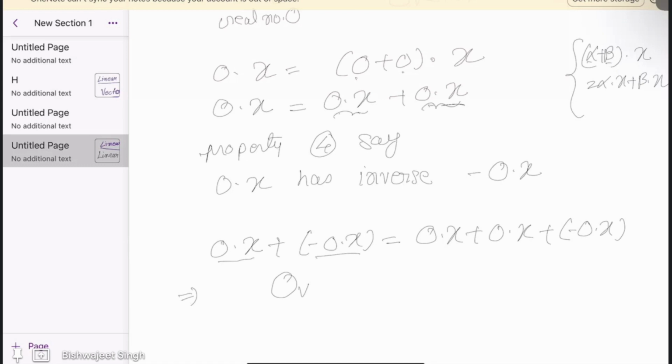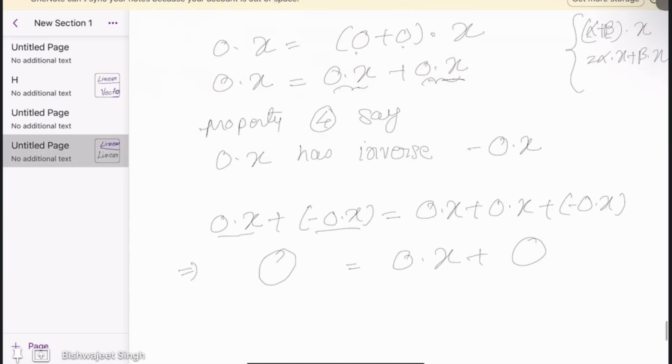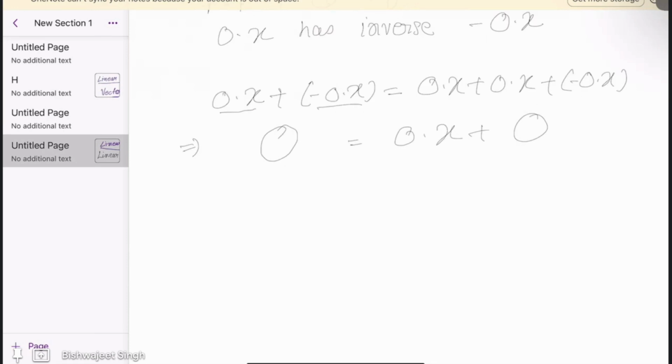I can write it as a bold 0 to denote that it is a vector. Again here I will get 0 dot x, and this is again the 0 vector, the identity element. Now we know that if you add anything to the 0 vector, you always get that element back, that is x plus 0 is equal to x.